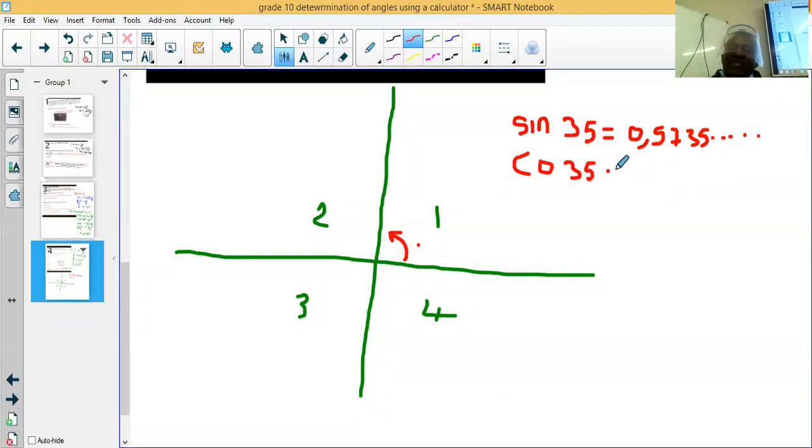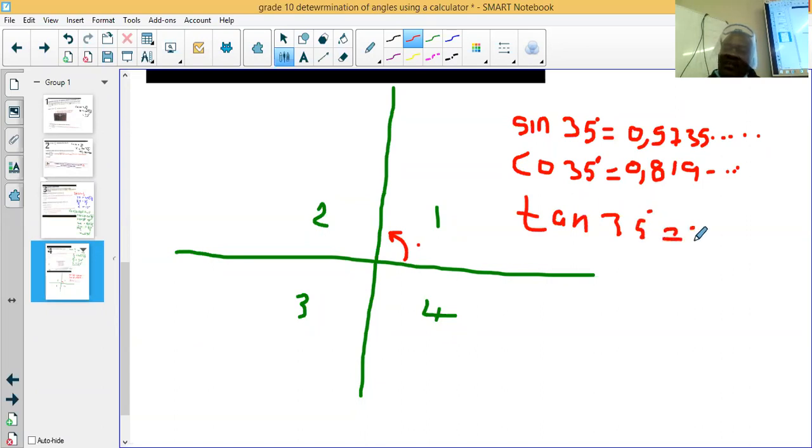Cosine 35 degrees, what do you get? 0.8191. Is it positive or negative? Positive. Let us go on to tangent 35. 0.720 and so on.